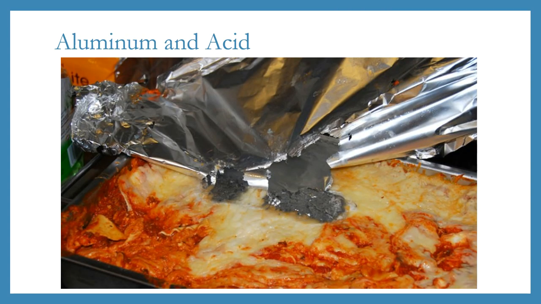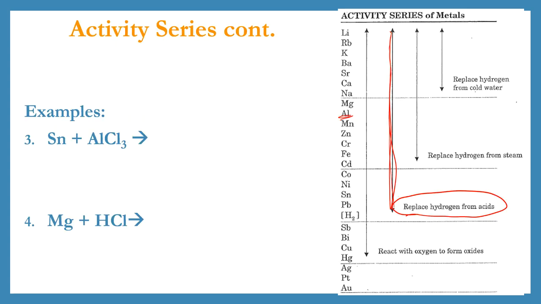So in fact, if you've ever had this situation where aluminum foil will stick to an acidic dish, like some tomato-based things which have acid in them, might start reacting with that aluminum. And if you ever use a vinegar-based marinade for your steak and then wrap it in aluminum, put it on the grill, you'll see that the aluminum starts getting eaten away because of the acid in the vinegar.